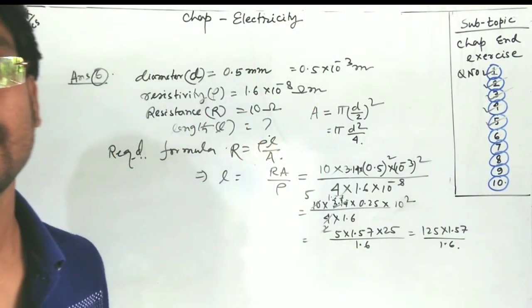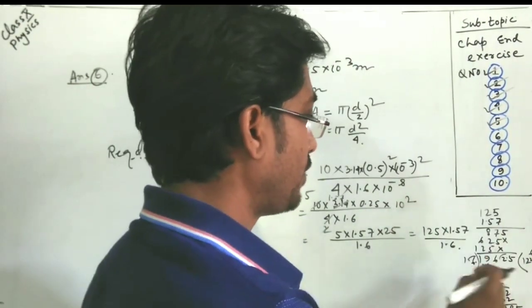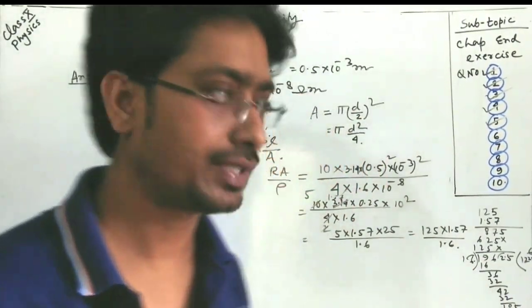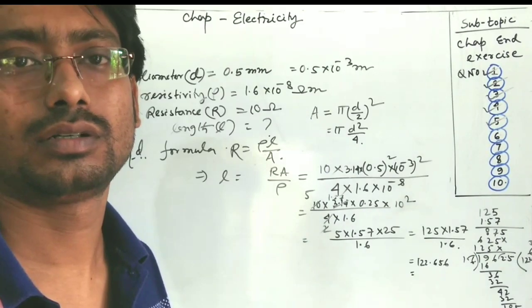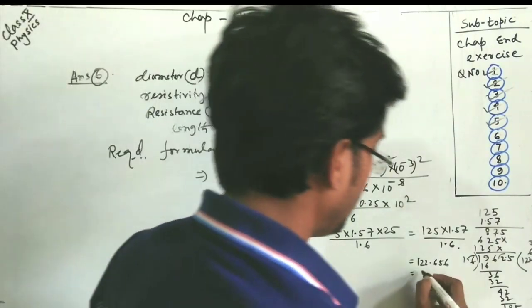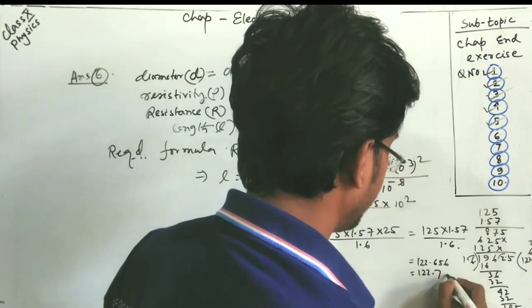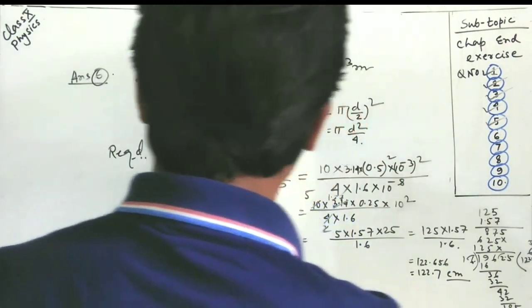Just calculate it: multiply 125 by 1.57 and divide by 1.6. We got it here. Round it off. It will be 122.7 centimeter, because we are finding the length here.